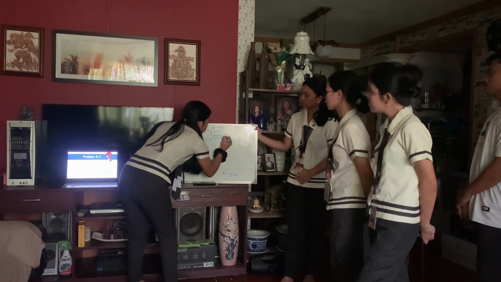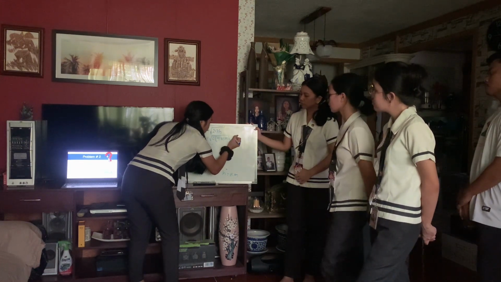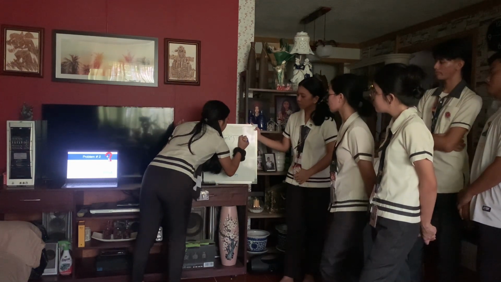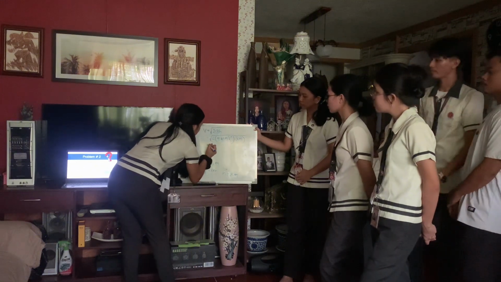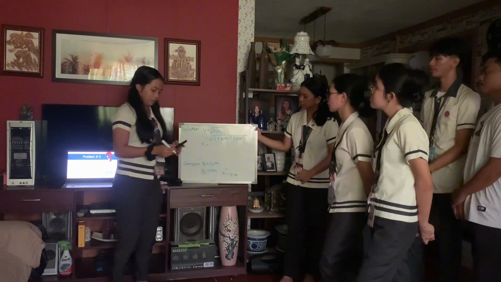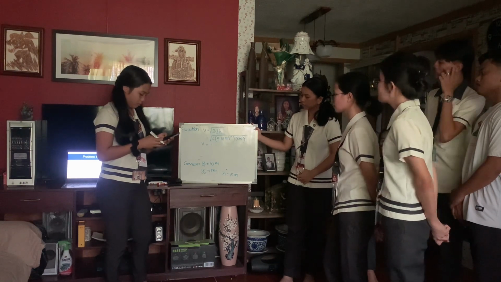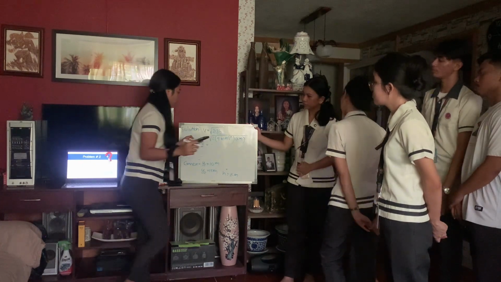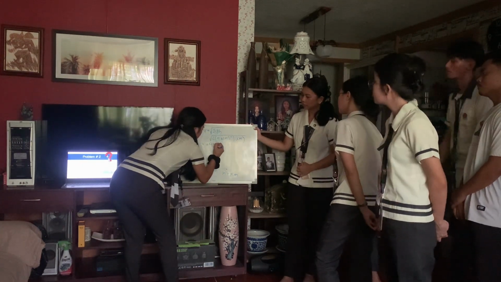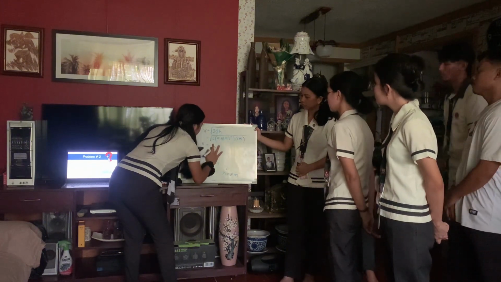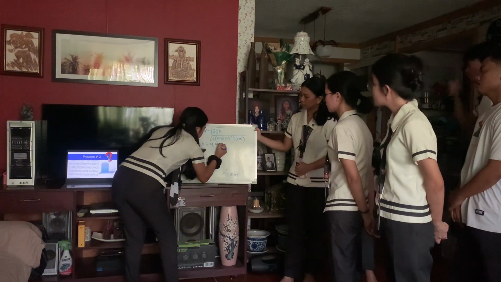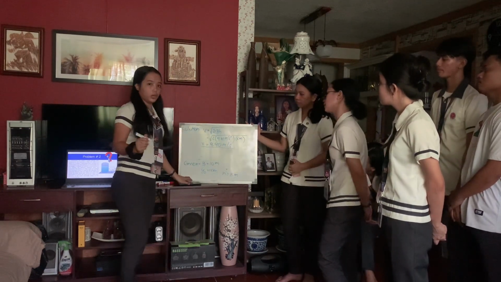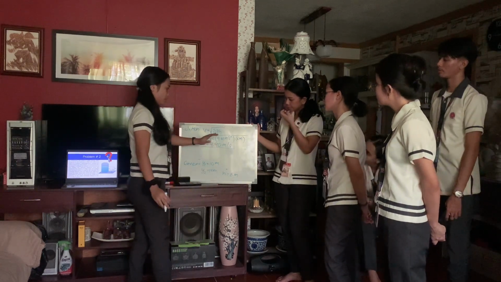Our gravity is 9.81 meters per second squared, and we already calculated the height, which is 5 meters. So our velocity is 9.90 meters per second.